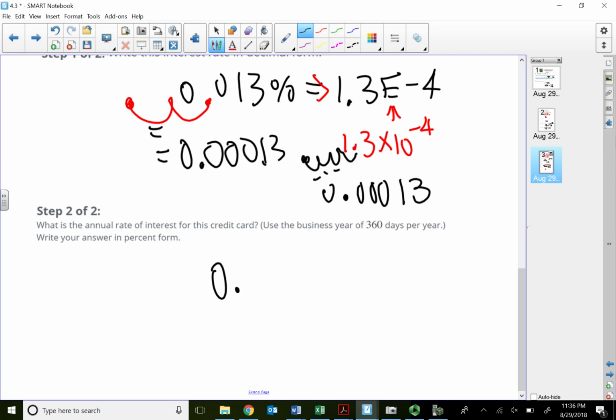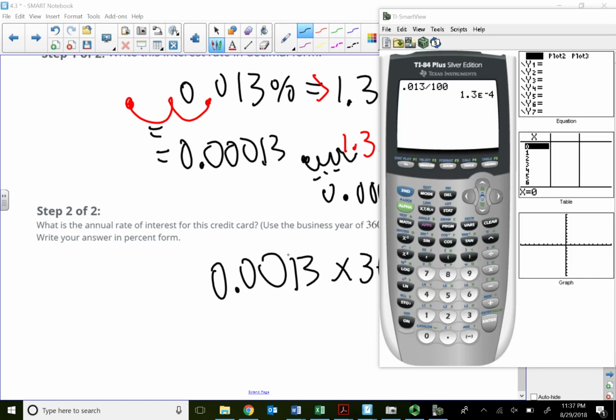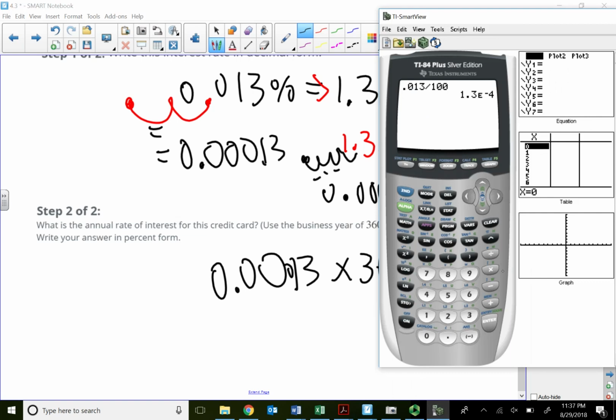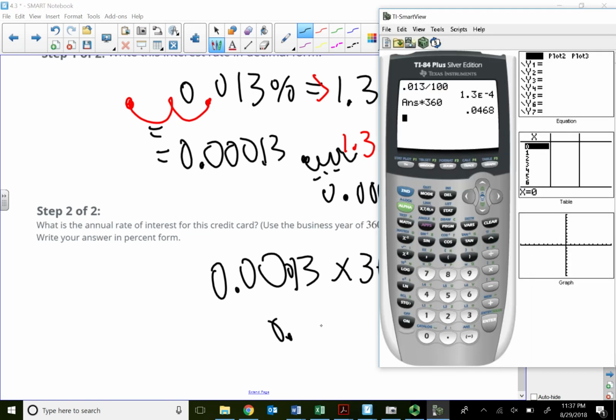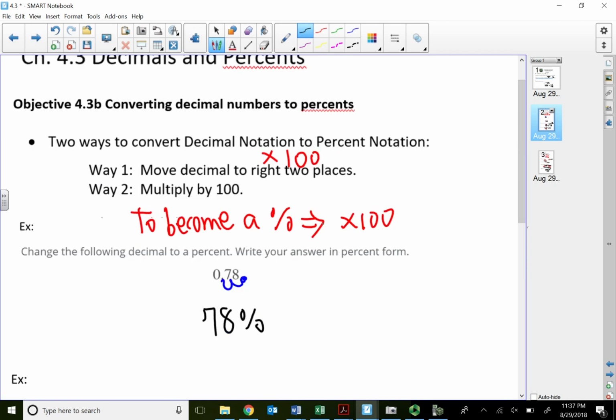So I already have 0.00013 in decimal notation. Now I need to multiply by 360. My annual rate is 0.0468. But that's not a percent yet, because to become a percent, I have to multiply by 100.